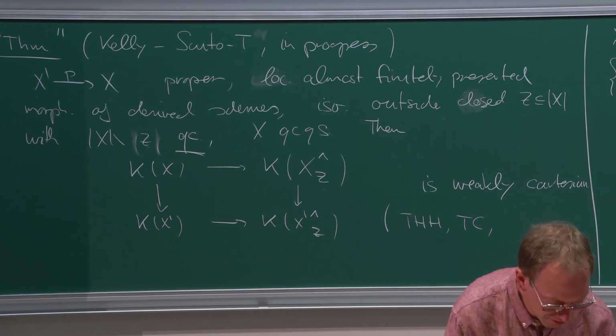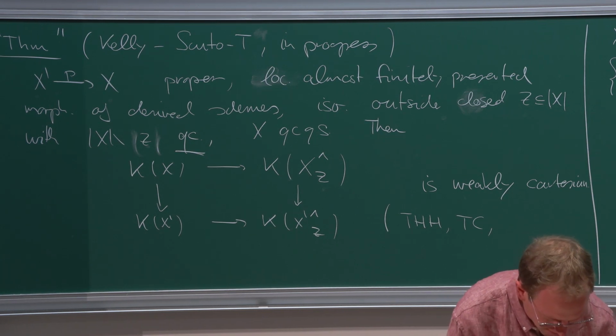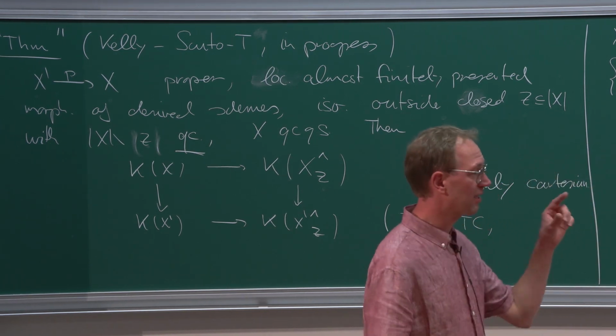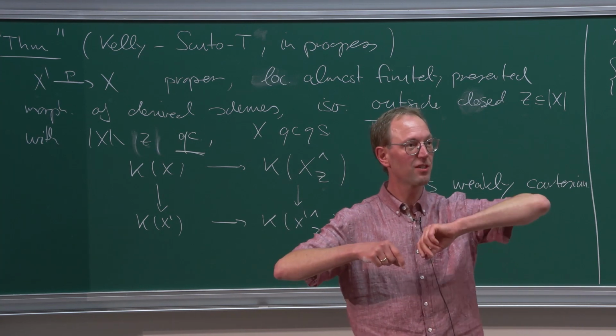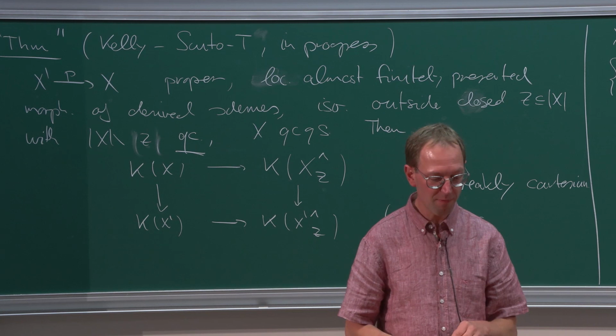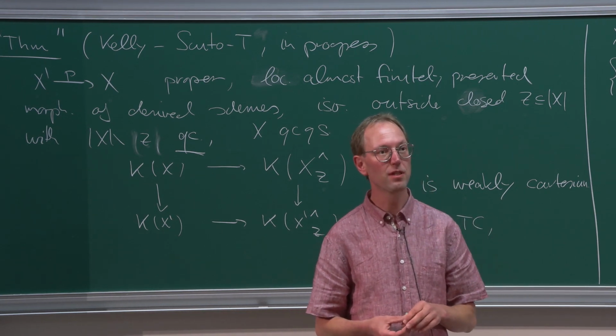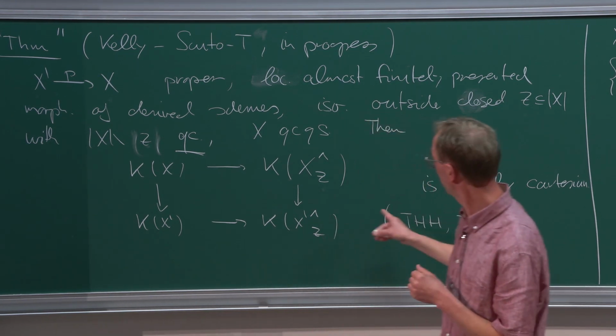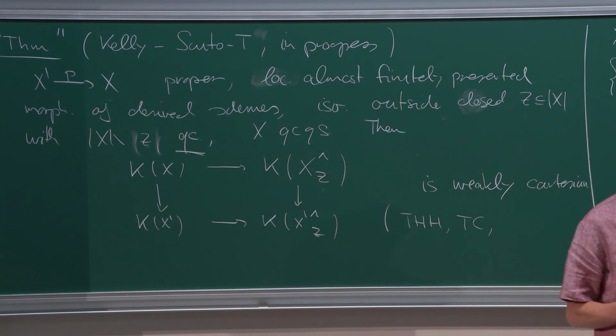There are two main steps that you have to do. One is this kind of derived blow-ups that you just indicated. For derived blow-ups, you can really prove Cartesian-ness without the weakly thing; this you can do in the strong sense.